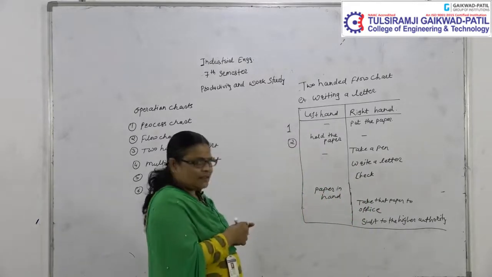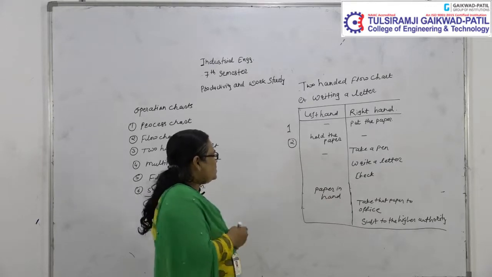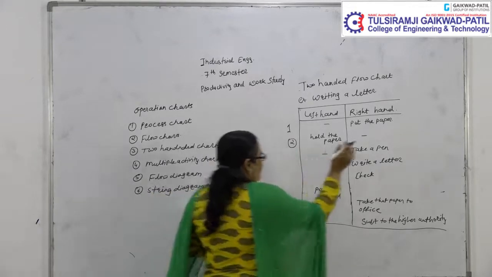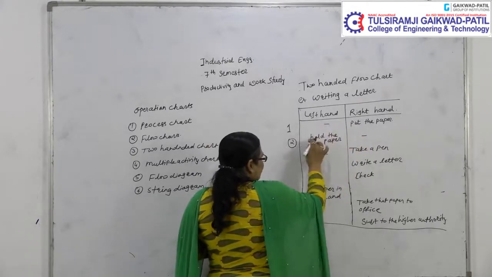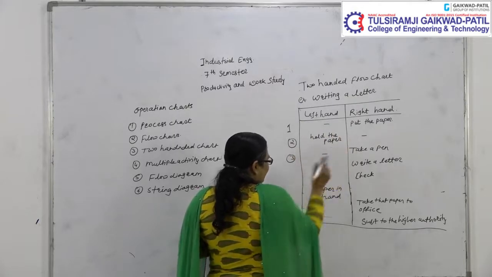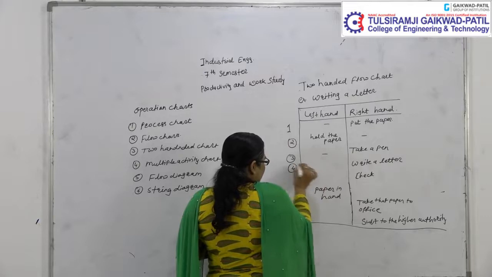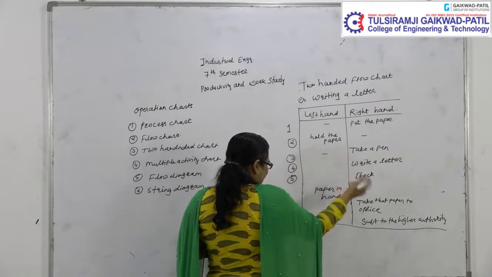It notes the activities of the left hand as well as the right hand. In first position, the paper is put with the help of the right hand. Second position, the left hand holds that paper. In third position, the right hand takes a pen. In fourth position, the right hand writes a letter. In fifth position, the right hand checks the letter.